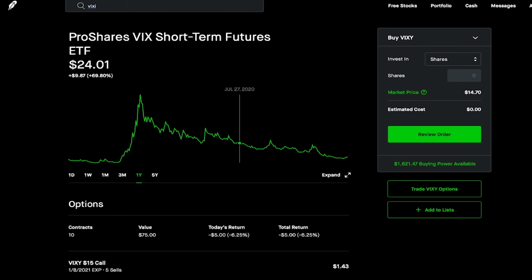If you want to know more about the inner workings of how volatility ETFs work, they're all focused around the volatility index, and it's all about the demand for put options and call options.